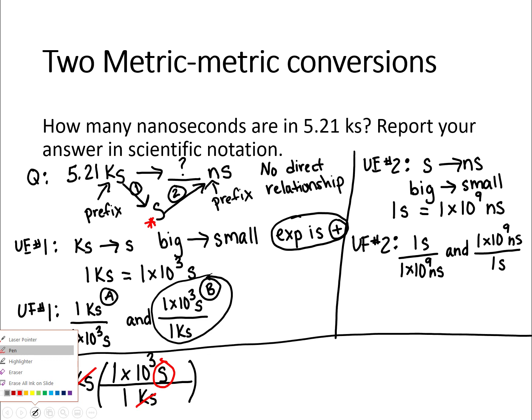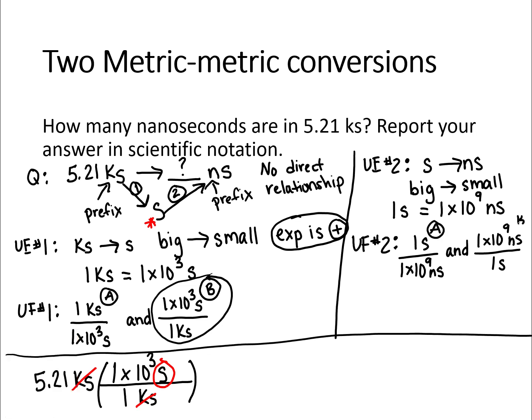We've got a second decision to make. Which unit factor are we going to use? A or B? We're going to use B again. I promise you we'll do some where it's not always B.